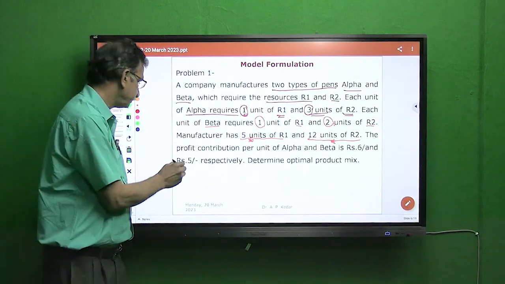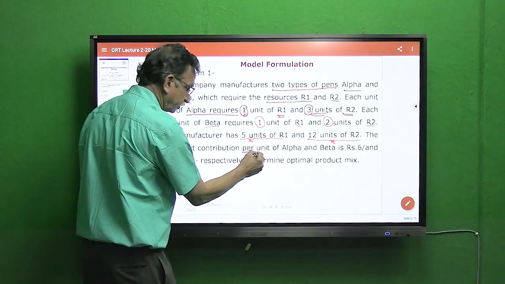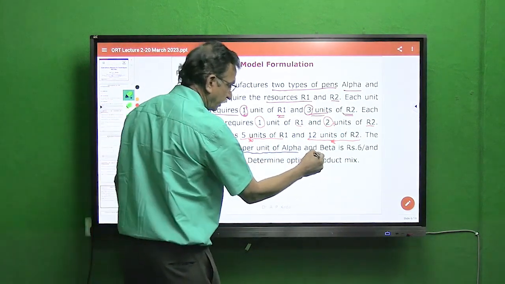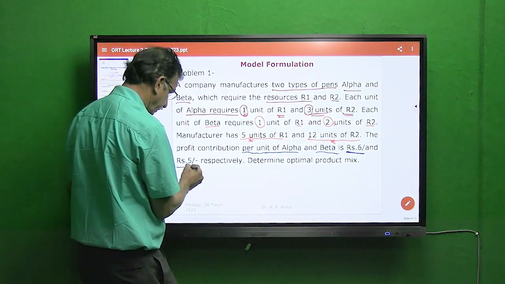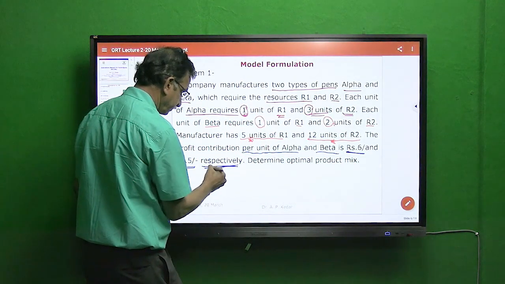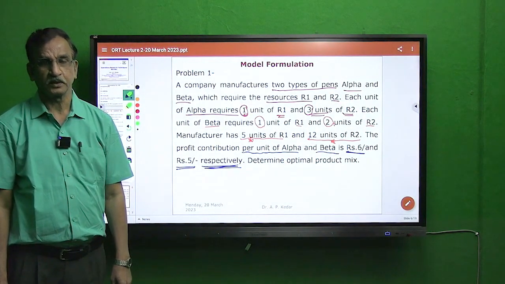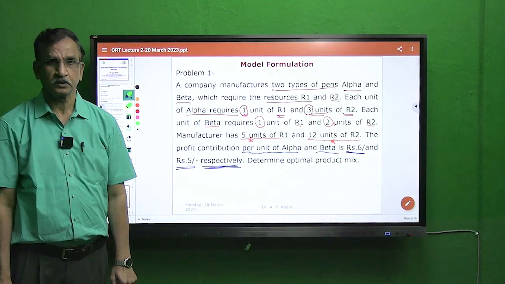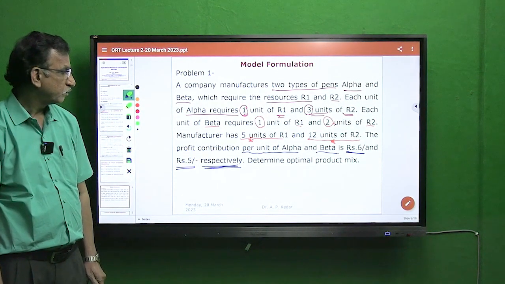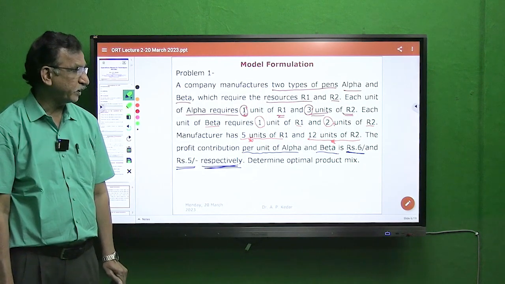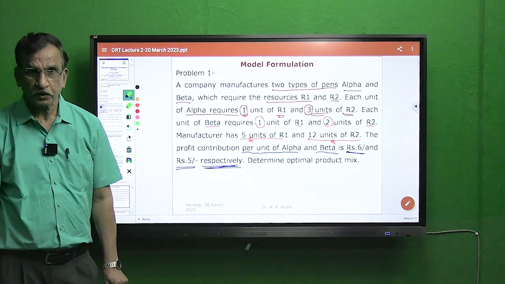Now important again, the profit contribution per unit of alpha and beta is rupees 6 and 5 respectively. What is the meaning again of this? Think for a moment. Profit contribution per unit of alpha and beta is rupees 6 and rupees 5 per unit respectively.